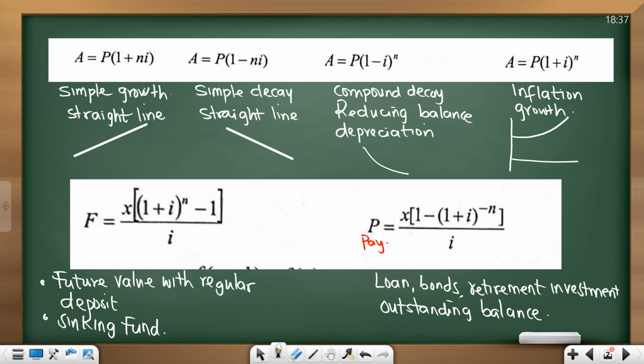Outstanding balance. By the way, do we know? Okay, final payment. On my next screen, I'm going to do sinking fund, final payment, and you must know the meaning of effective.